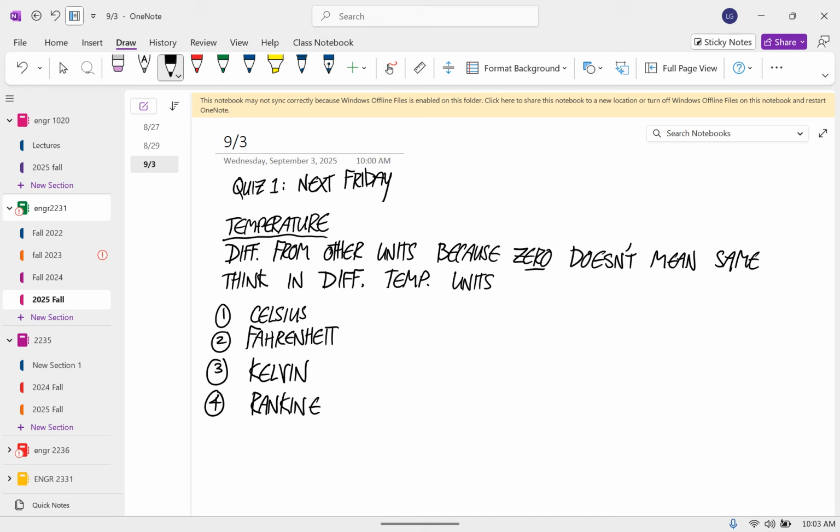And excuse me, the Kelvin and Rankine scales both have their zeros at absolute 0 temperature. So that's when all molecular motion stops.